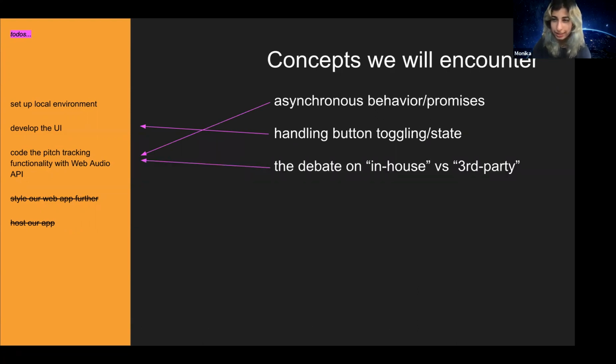And we're also going to consider this, maybe you could even call it a philosophical debate, about whether to make your own functions and code everything in-house and when to borrow from the open source community. This is specific for every single person's situation and their problem. And we're going to talk about why we've chosen to use third-party functions instead of writing them ourselves for some of the functions that we're going to write today.